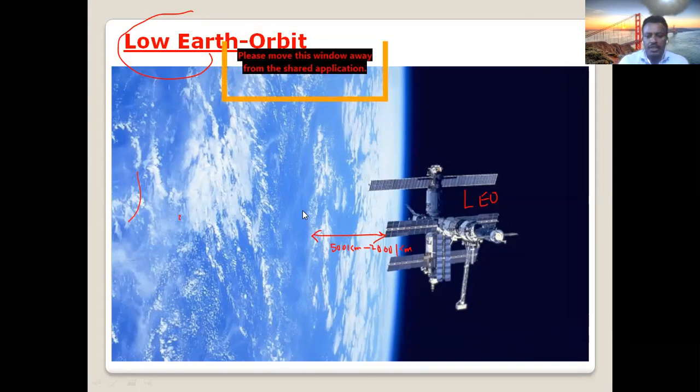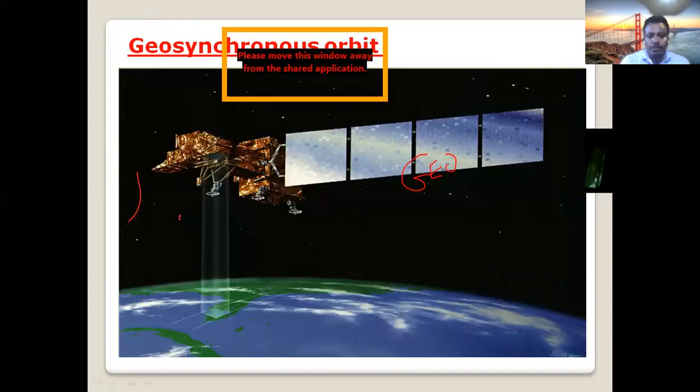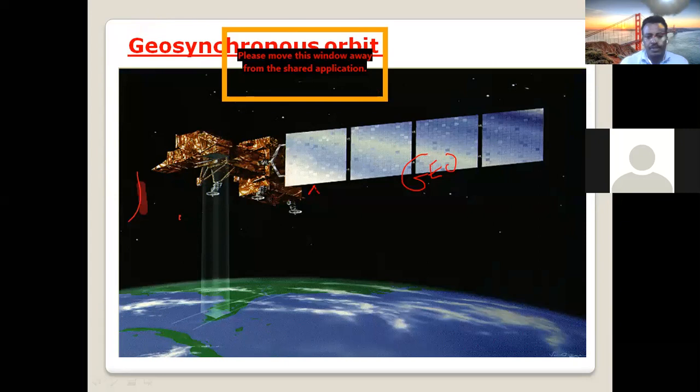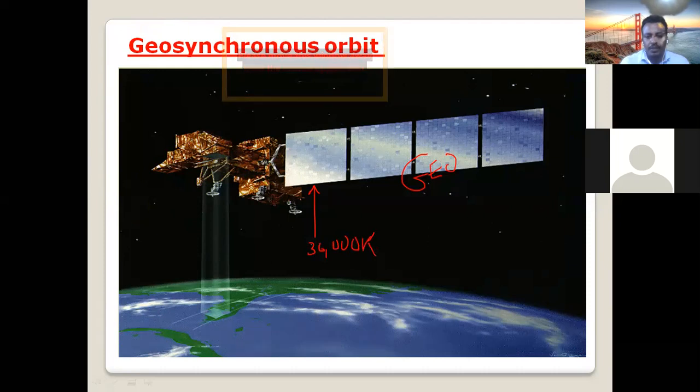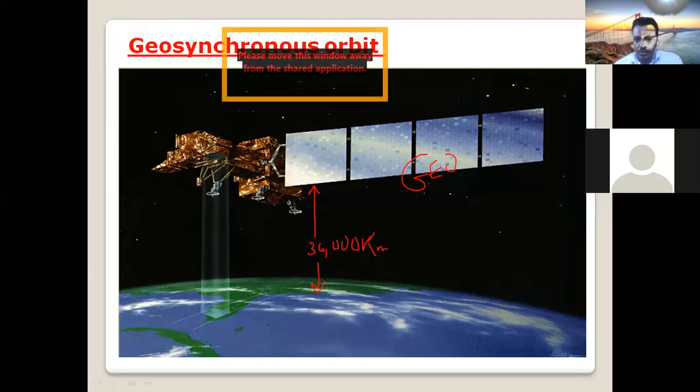How about geosynchronous orbits? The distance from geosynchronous orbit to the Earth is around 36,000 kilometers, right? So you see, the distance is different between these two orbits. One difference is the distance.